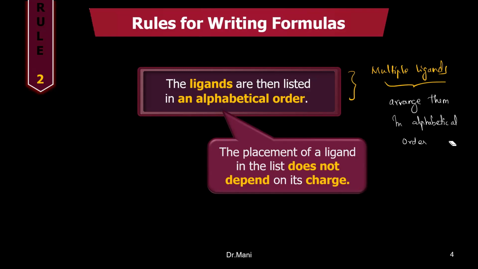Remember this. We should take alphabetical ordering by their actual names, not the prefixes that come first, like bi, di, tri, not those. And whenever a charge is there, the charge should not influence the position in the formula. That's what it says here. And remember, charge does not influence their positions among the ligands.